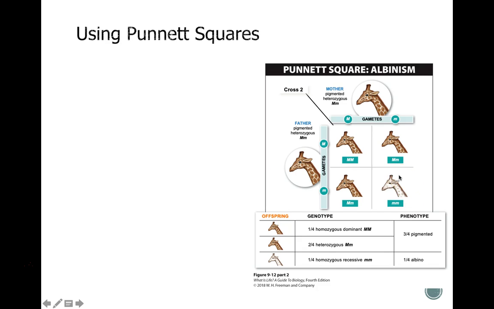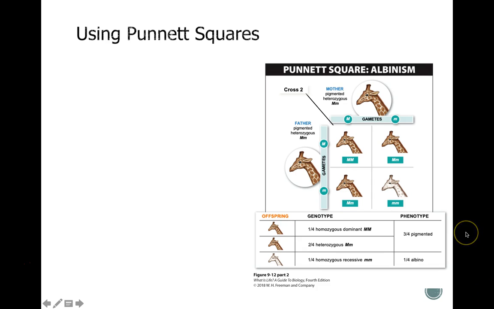So 1 copy of the recessive allele from each parent. Now, there are 2 ways that we can get a heterozygous situation. Either mom can donate the dominant and dad donates the recessive, or dad can donate the dominant and mom can donate the recessive. Either way, we have a heterozygous individual who is displaying the dominant trait.